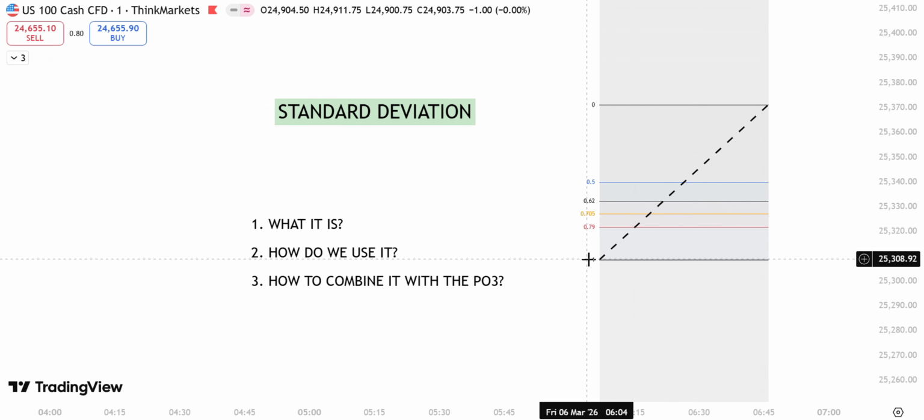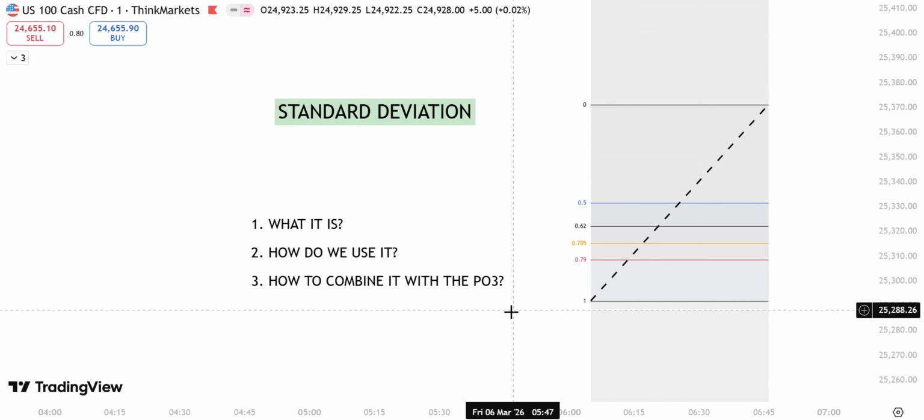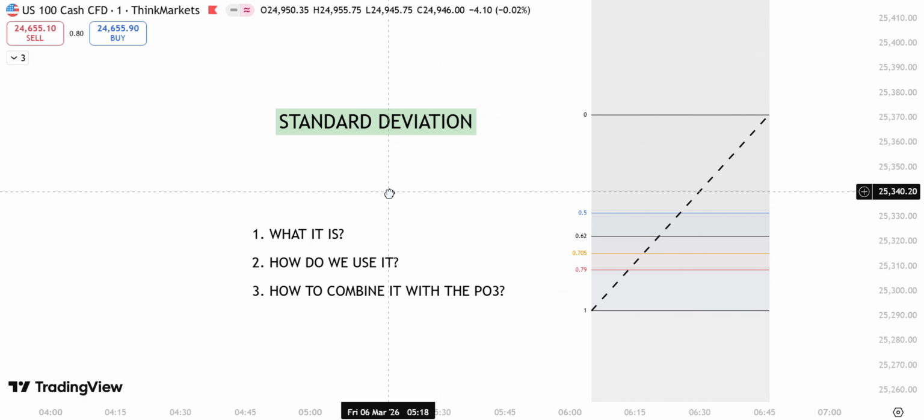For example, when you can put it on the body instead of the wick, that is an example, and all of the rules and tips and tricks I will leave in the other video that I'm going to be making, which is a deep dive of the standard deviation.